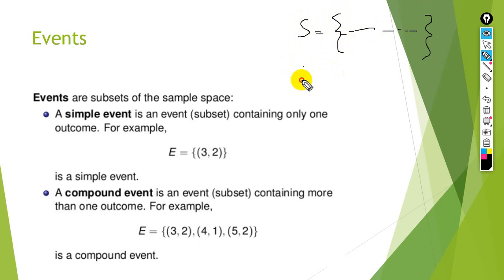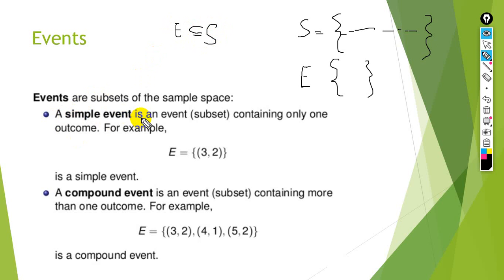Now we can say an event is a subset of this. We can write it just like this: an event is a subset of the sample space.